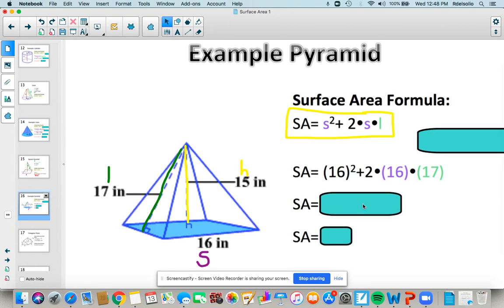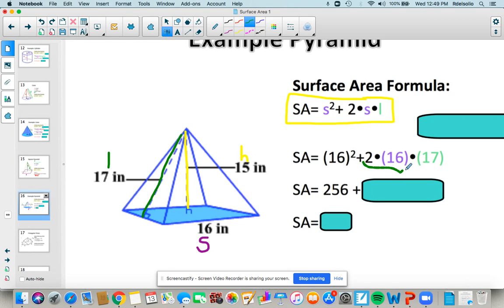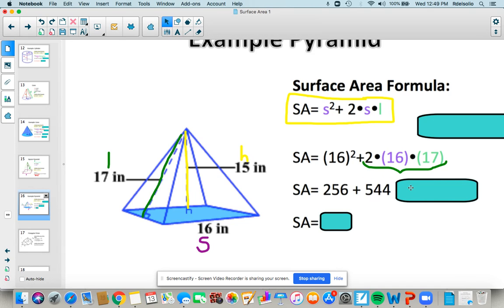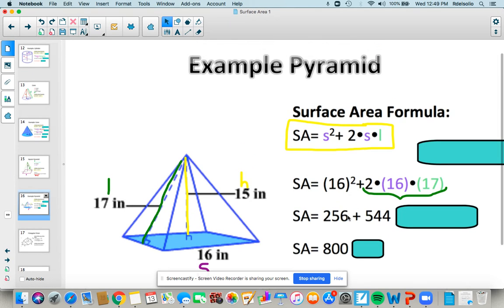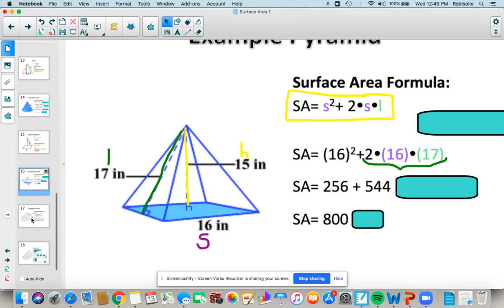Now we're going to solve this. 16 squared is 256, plus 2 times 16 times 17 is 544. And then we can add those together. 256 plus 544 is 800. Sorry, I forgot to include inches squared. So the surface area of this pyramid is 800 inches squared.